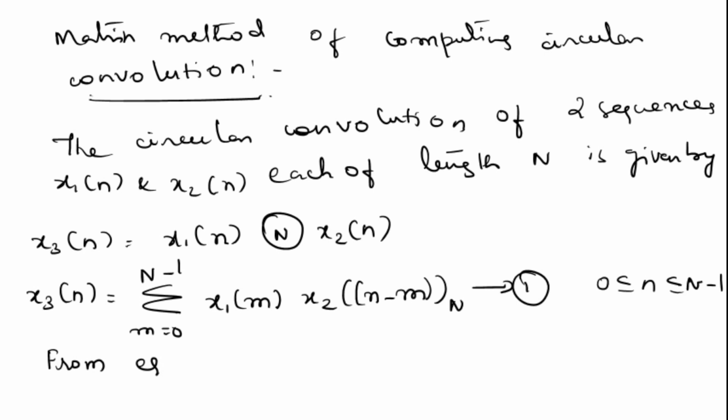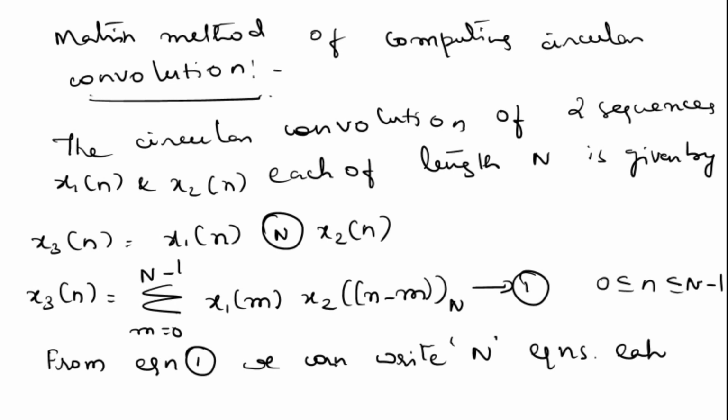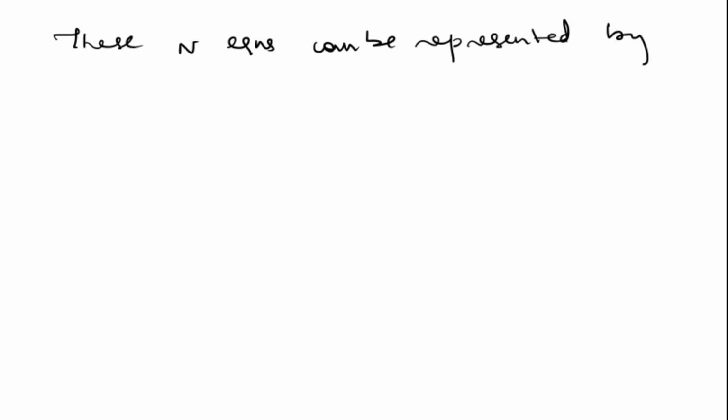So from equation number 1, we can write capital N number of equations, each having n number of terms. These n equations can be represented in matrix form as shown below.